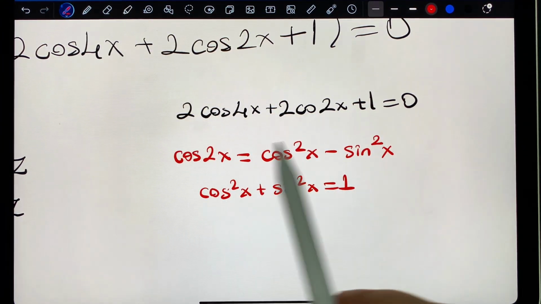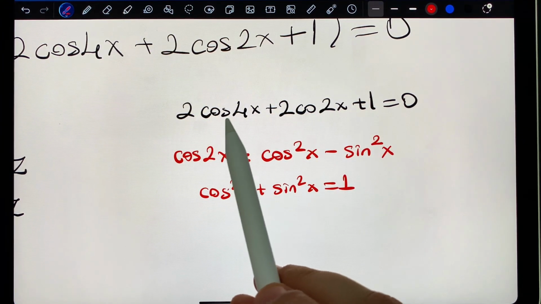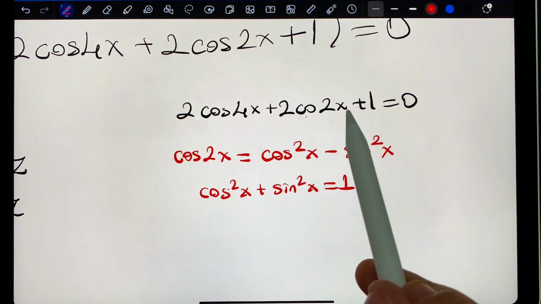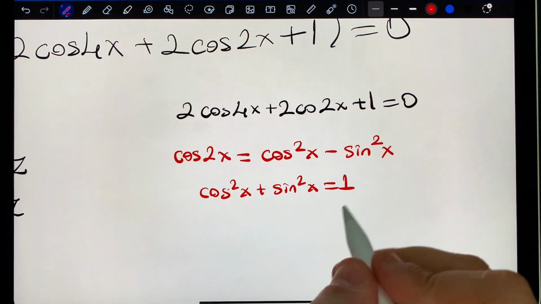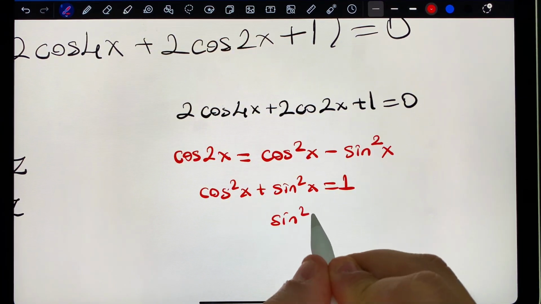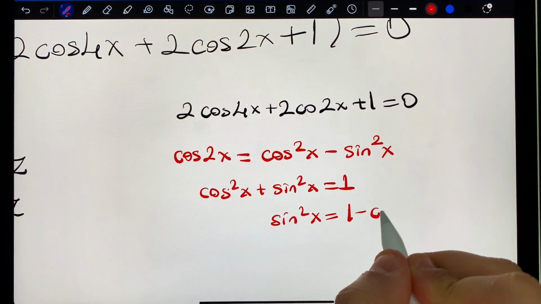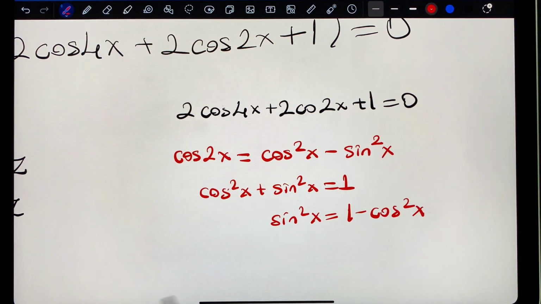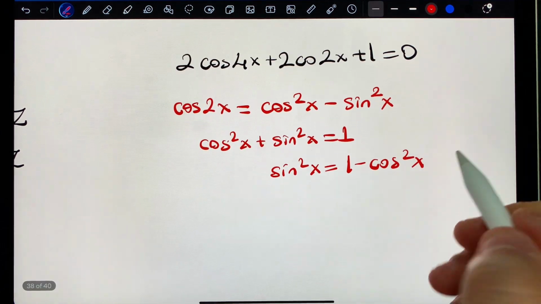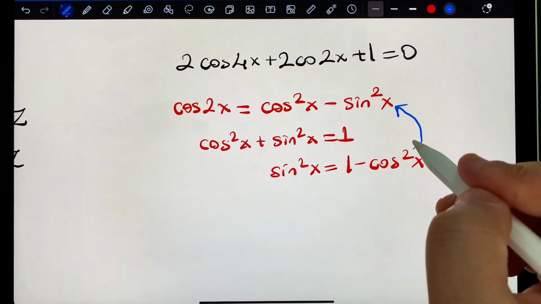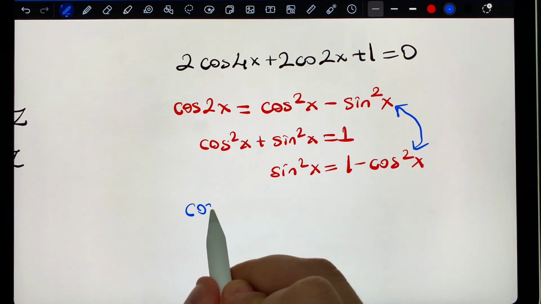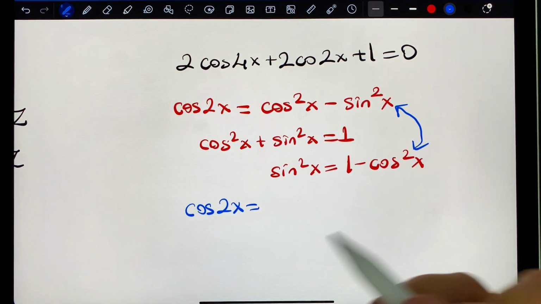Now when we look at the equation, what are the algebraic expressions in it, friends? According to cosine, I will move. Then where I see sine squared x, I will write 1 minus cosine squared x. If I write cosine, what does the expression I call cosine 2x turn into?